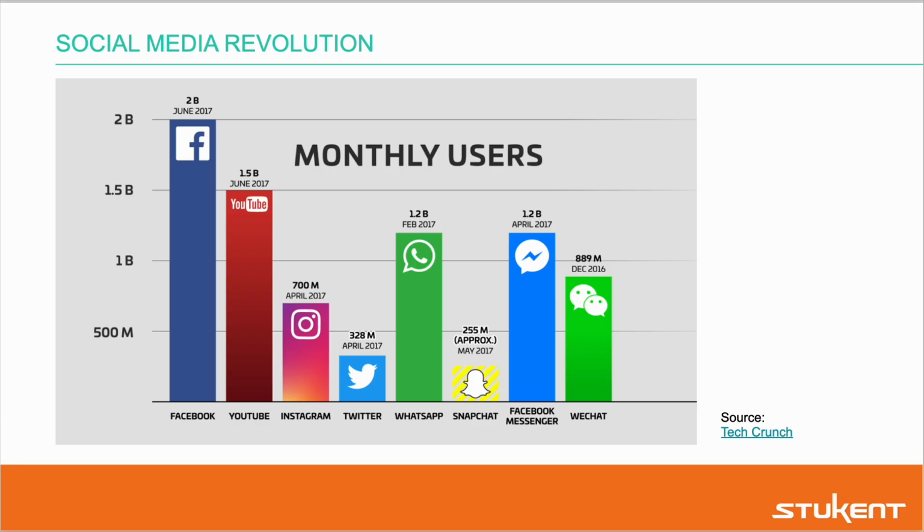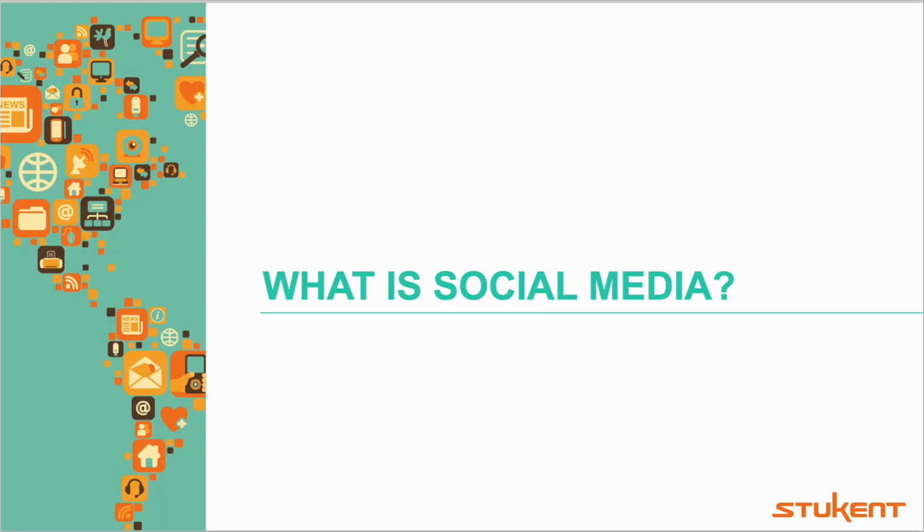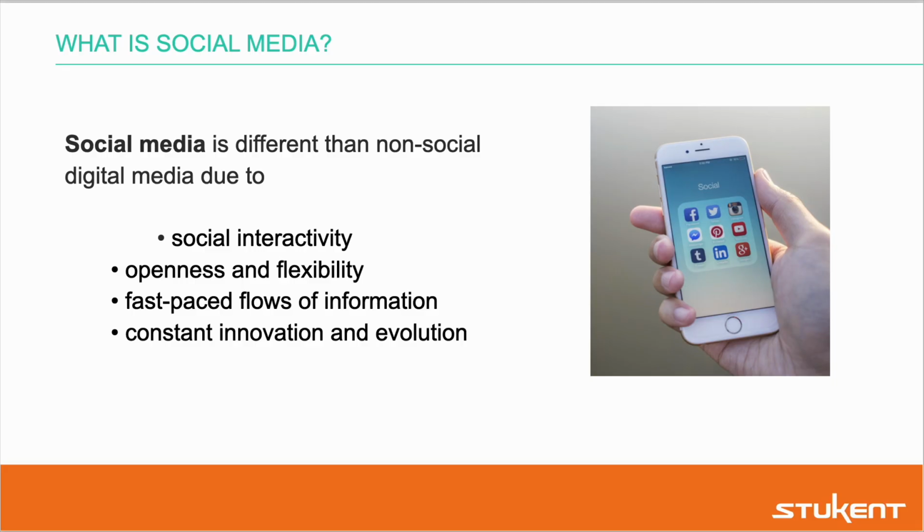Well, if you ever notice on those YouTube videos, there's commenting below, right? And really, that's what defines social media. Social media is different from traditional media because of that social interactivity, its openness and flexibility, its fast-paced flows of information, and its constant innovation and evolution.